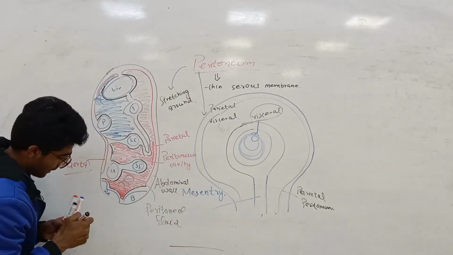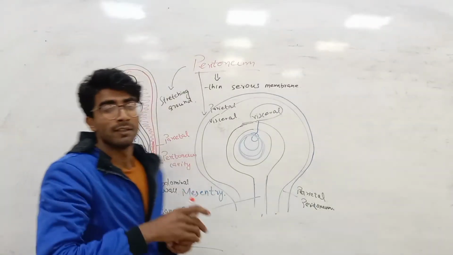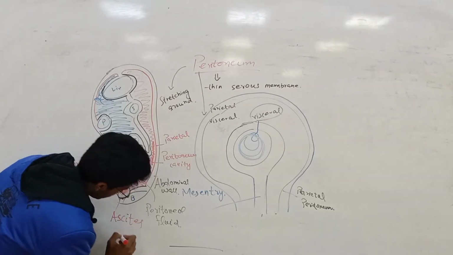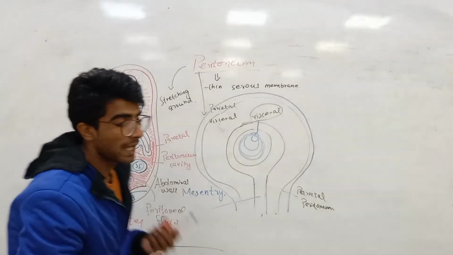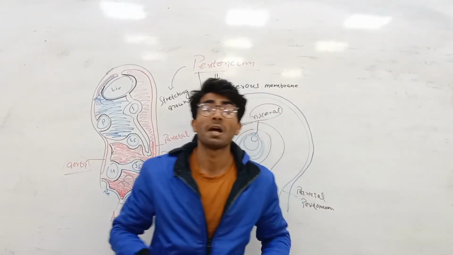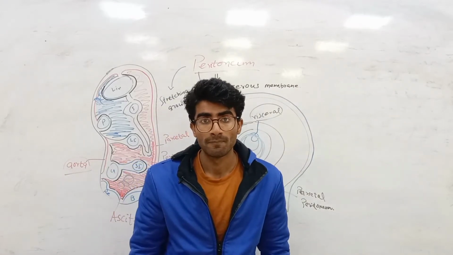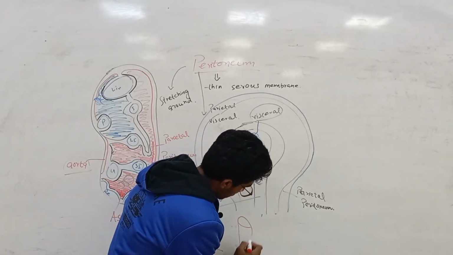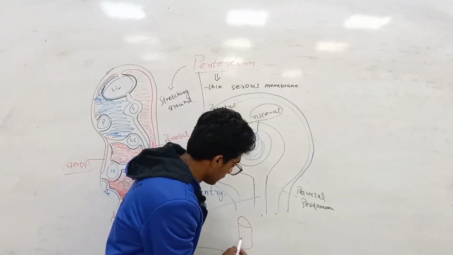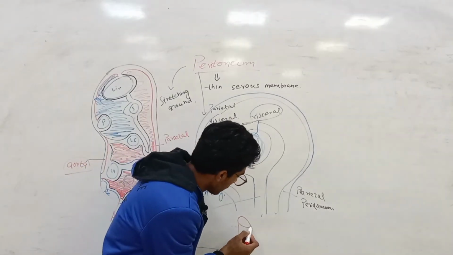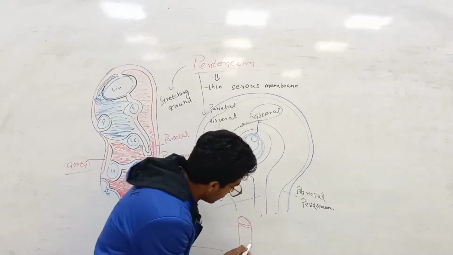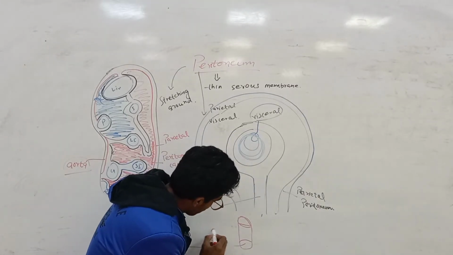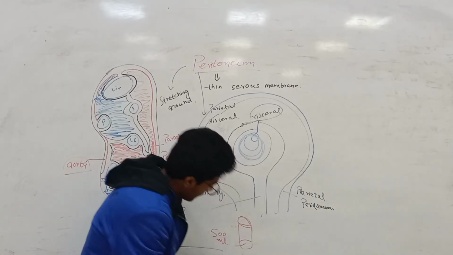But sometimes the level of fluid increases. This is called ascites. For example, we have normal fluid in the abdomen, which is 500 ml. Suppose I'm giving you an example: we have a Coca-Cola bottle, and the level of cola in the bottle is 500 ml or 50 ml.